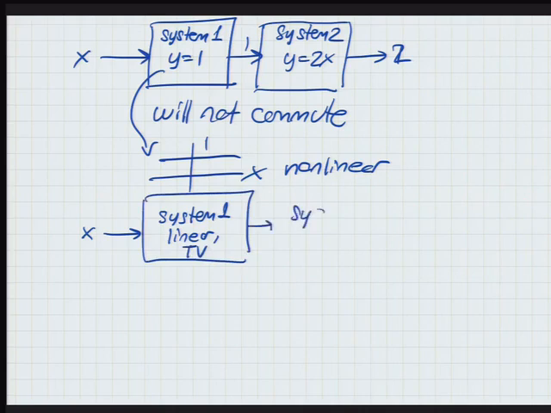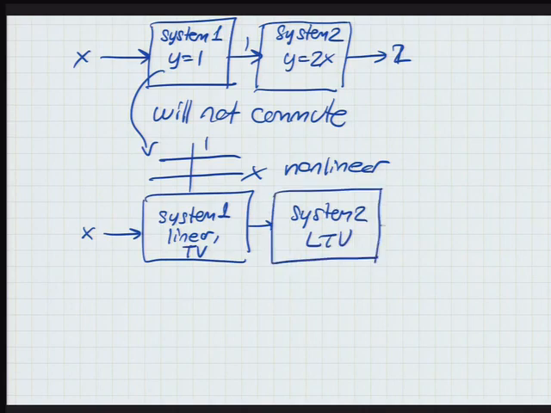System 2 is even LTV. Removing the LTI, I'm sorry, removing the TI-ness of one of the two systems is already enough to disrupt the property of swapping. So let's construct an example like that. Any ideas?